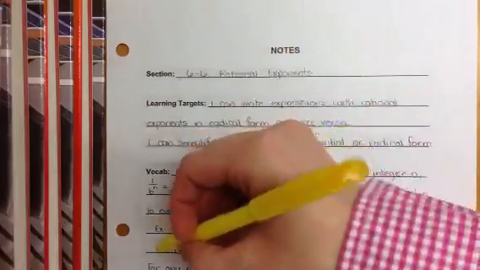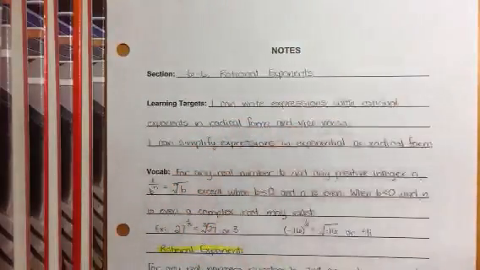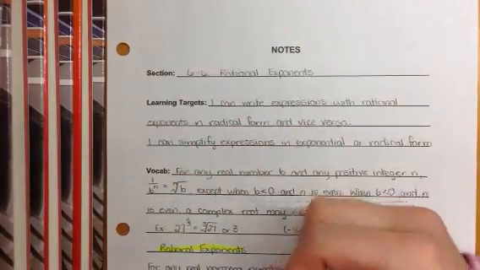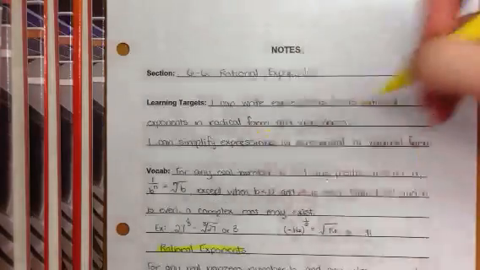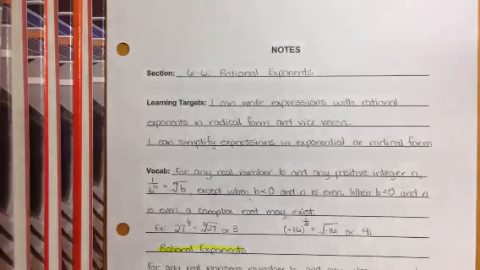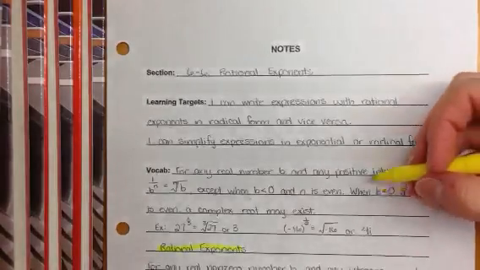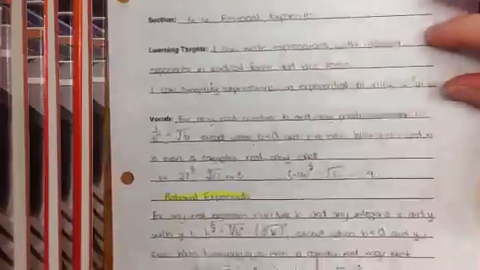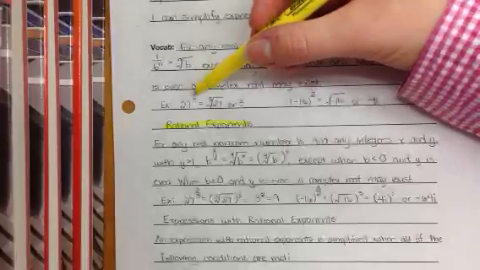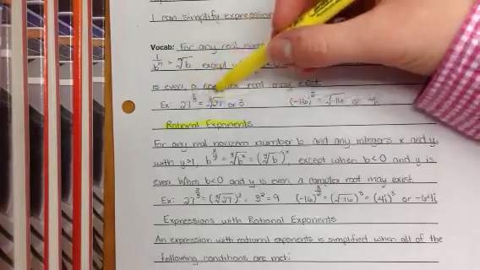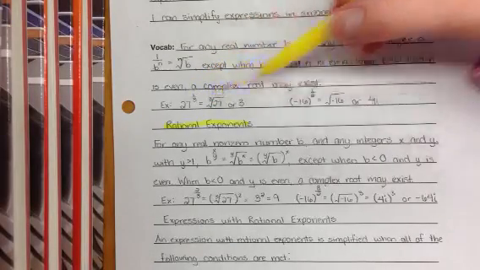So we have our rational exponents. The bottom part of your fraction is your root. And when we simplify these expressions, so here's some examples. If I have 27 to the 1/3, that's a cube root of 27.